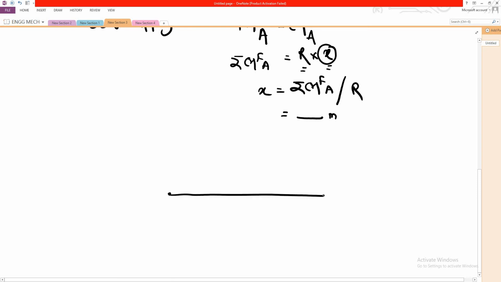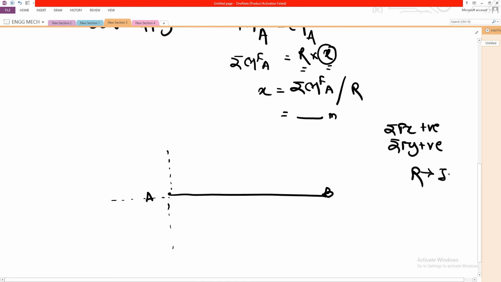That's why, even when beam AB is given, we have to first draw the quadrant system with respect to point A. And for example, let's say the resultant came out in the first quadrant. Let's say summation Fx was positive, summation Fy was positive, and that's why the resultant is in the first quadrant.